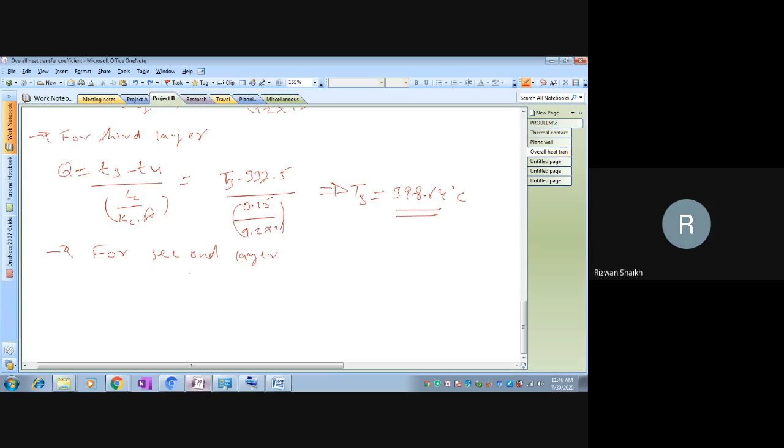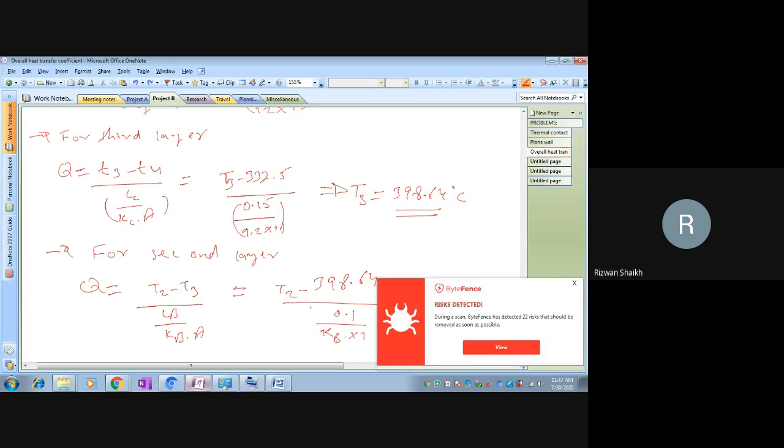Similarly, if I go for the second layer, I can apply the equation Q is equal to (T2 minus T3) divided by (LB upon KB into area). If I substitute the values, it will be T2 minus T3, which we got just now, 398.64, divided by 0.1, that is LB upon KB, which is unknown for us and we have to calculate, multiplied by 1 as the area.